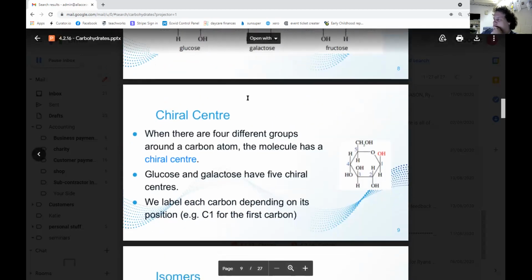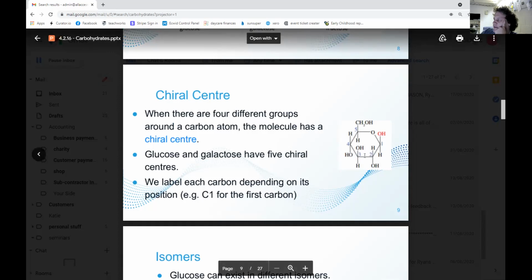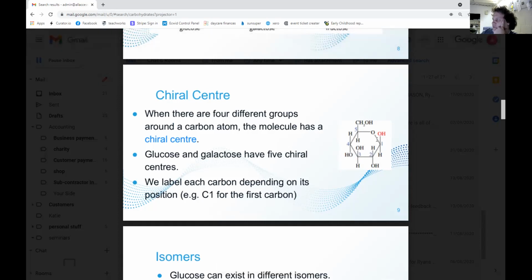So we've got these, what they call chiral carbons, meaning all these carbons have four different attachments, and this is where we can get rotation of the OH group and the H plus.